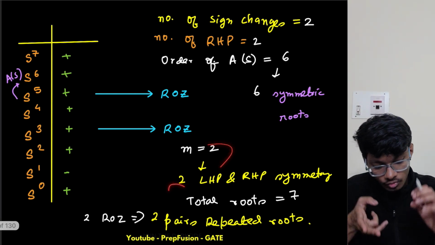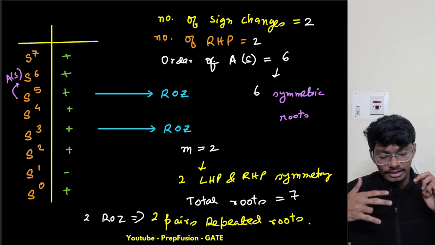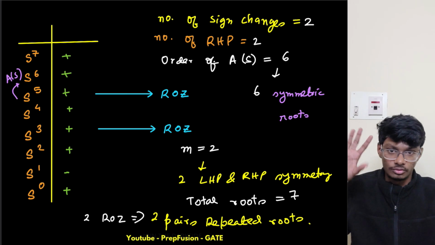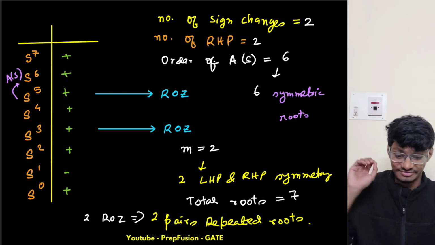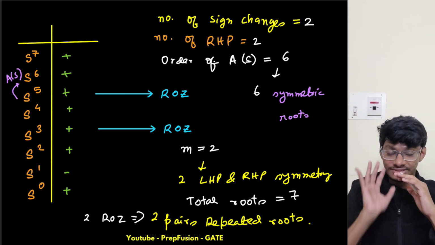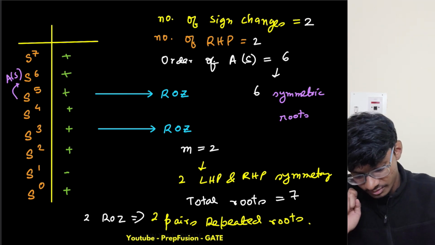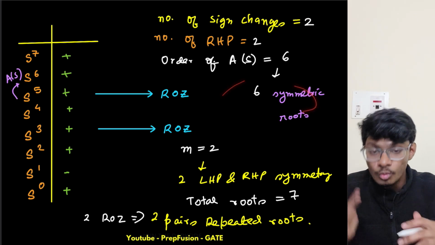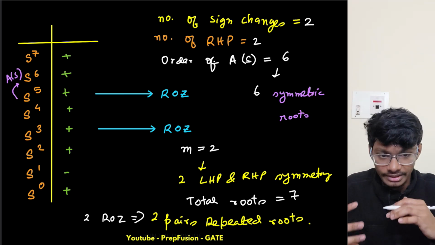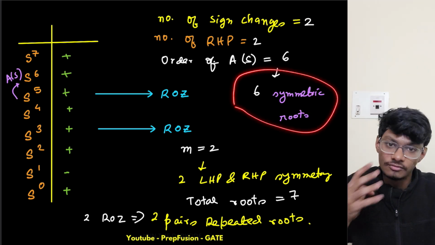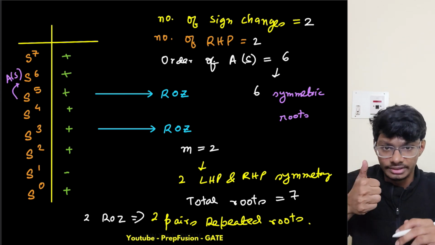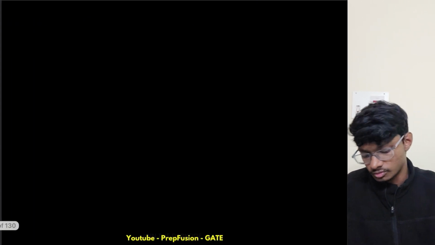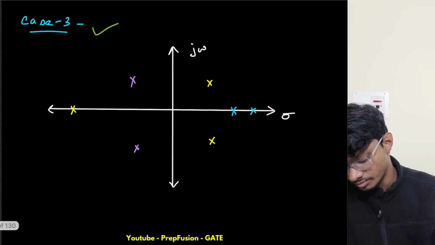So I will have 2 left half plane and right half plane symmetry, because basically 4 roots are on the left half plane and right half plane. This is very interesting and confusing. One thing we know: the auxiliary equation was order 6, so 6 symmetrical roots, and out of those, obviously 2 pairs will be repeated. So out of the 6, 4 are gone. They are repeated. If they are repeated, can they lie on the imaginary axis? Let me draw this, then we will understand. Let me copy this axis again.